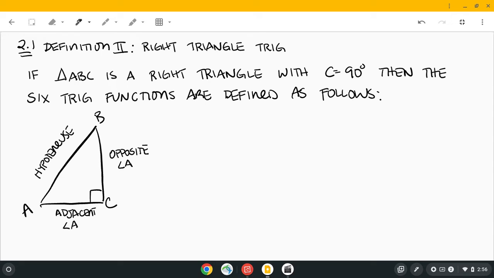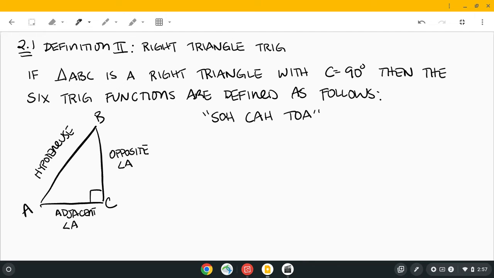All right, and so maybe you learned this, SOH CAH TOA, and this here is supposed to help students remember the three trig functions: S for sine, C for cosine, and T for tangent, in terms of the right triangle.